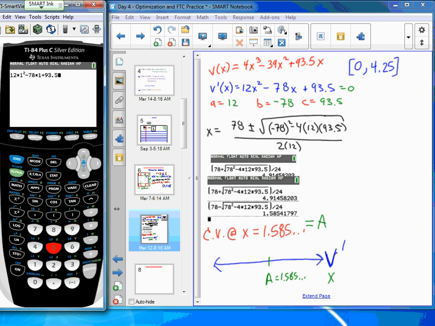I don't need to do this, but I'm going to use alpha A in my subsequent ones. So 12 times 1 squared minus 78 times 1 plus 93.5 is positive or negative? It's positive. So we've got positive values of B prime to the left of 1.585. And now let's choose a test value to the right, like 2.